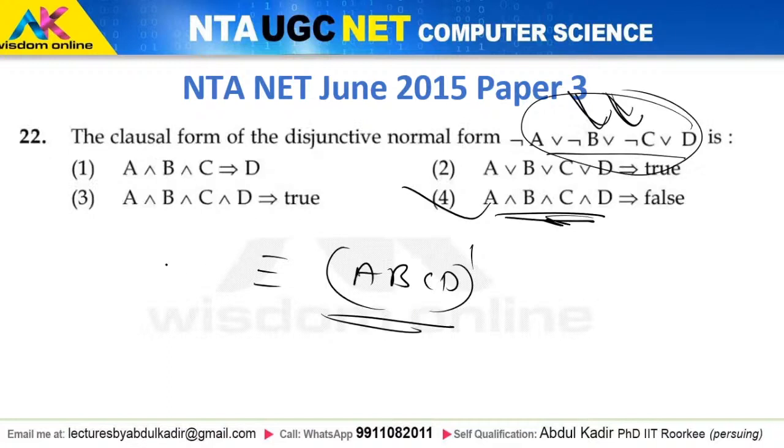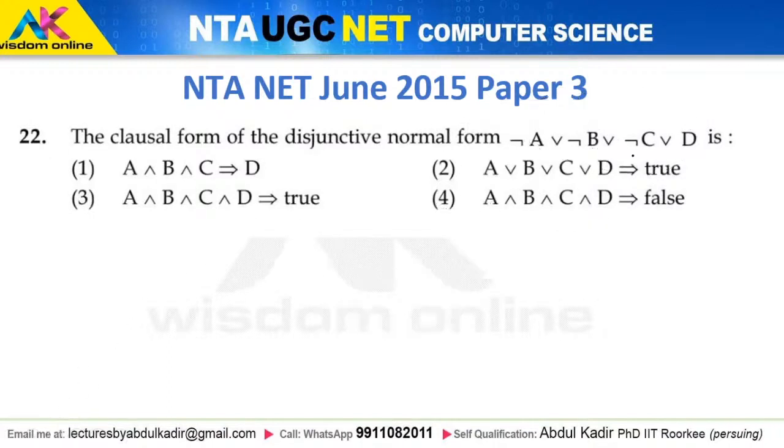Okay, sorry, I thought I gave the answer for this, but this is not this. So we can actually say like this: (A, B, C, D dash) complement.